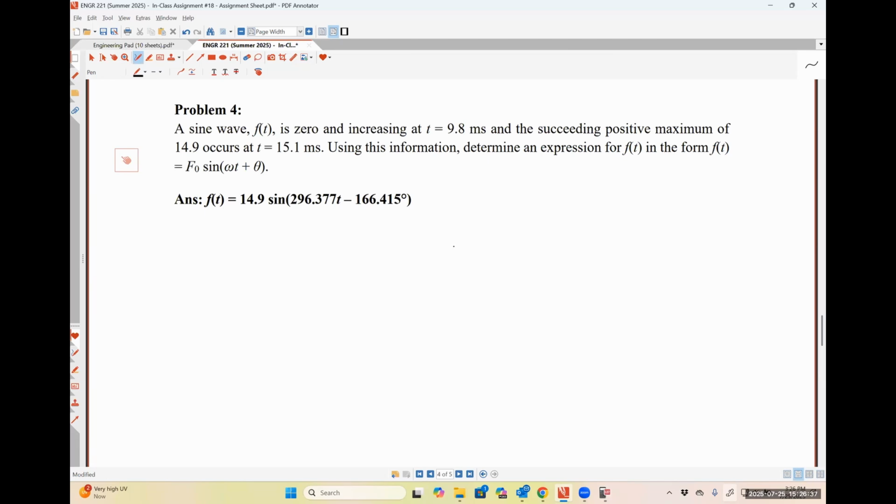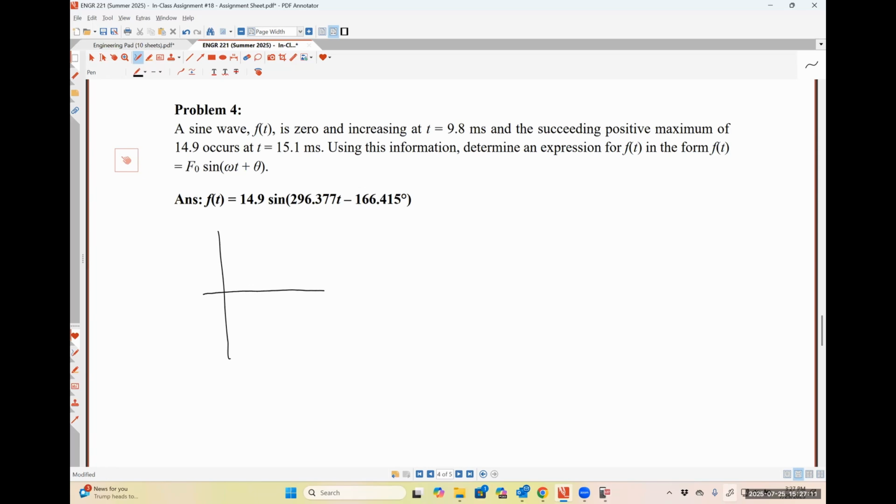Using that very small amount of information, we are expected to come up with a mathematical expression that describes f of t, where we know what the magnitude is, the angular frequency, and the phase angle, okay? How I like to approach this problem whenever you ask me about it when you're struggling with your homework is by drawing a picture, okay?